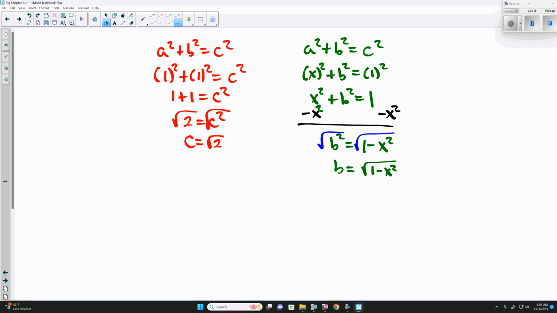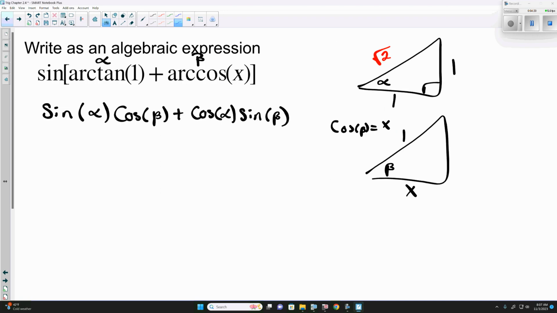We get this here, which tells us the other side is the square root of 1 minus x squared. Now for us here, we're going to keep it as the positive case. We're not going to worry about this being a negative angle or this angle being in the second quadrant. We're going to focus on the first quadrant. So we have these here. Questions on this so far?